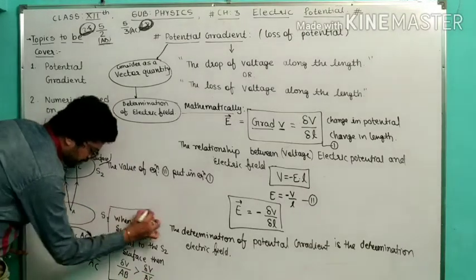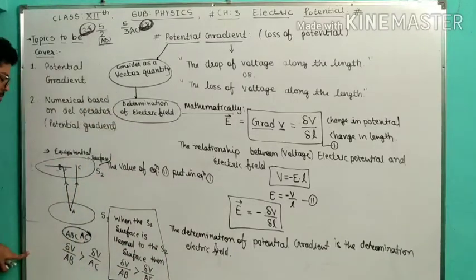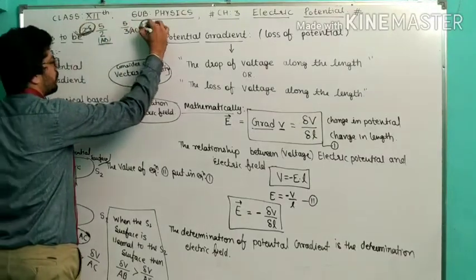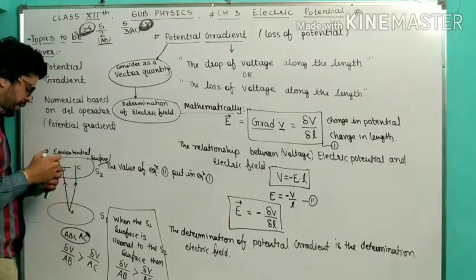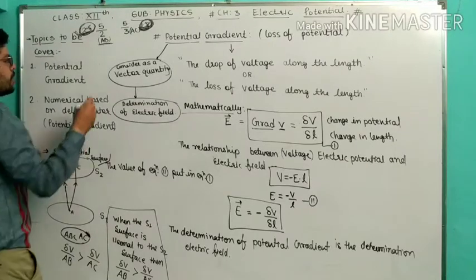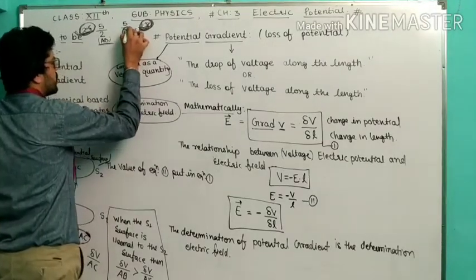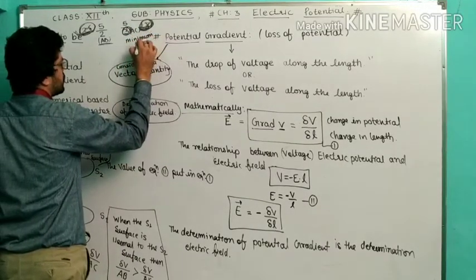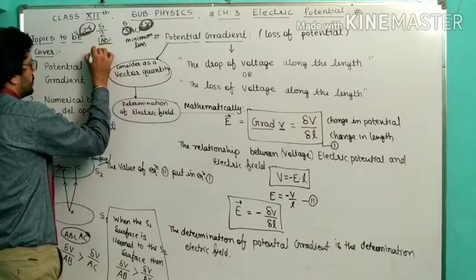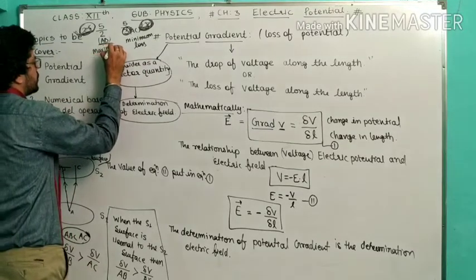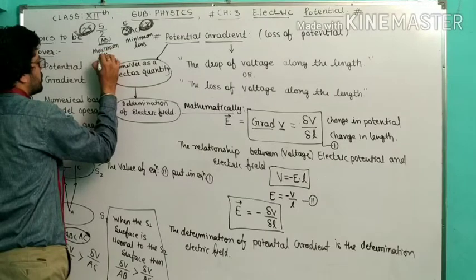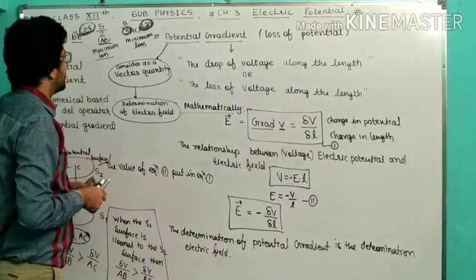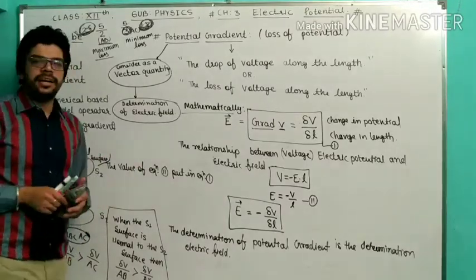So the potential gradient is maximum by AB, which means the loss of potential is maximum. Here the loss of potential is minimum. So you have the maximum length, you have the minimum loss. You have the minimum length, you have the maximum loss. These are the two strategies you will understand, and you will use this strategy in the JEE and NEET examination.